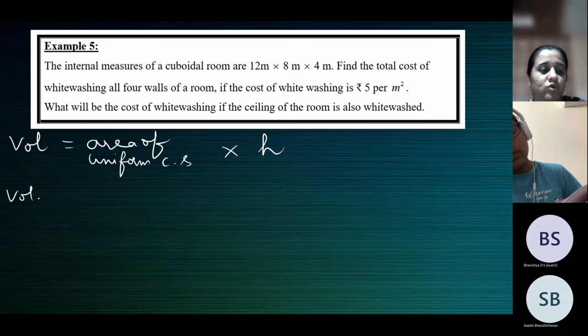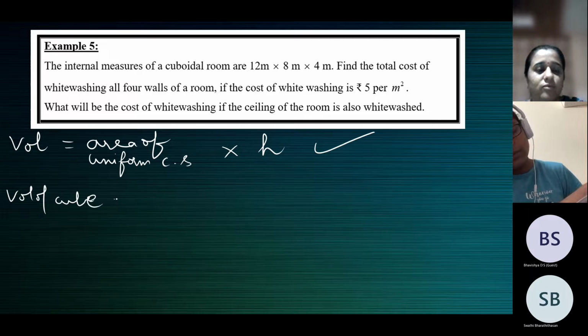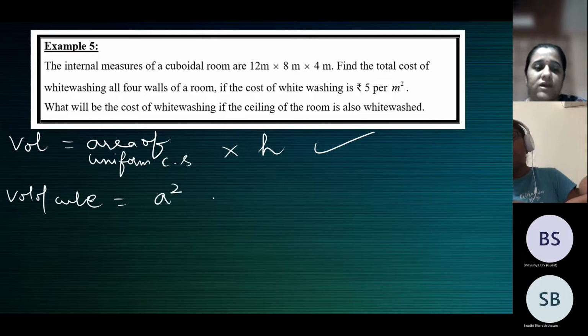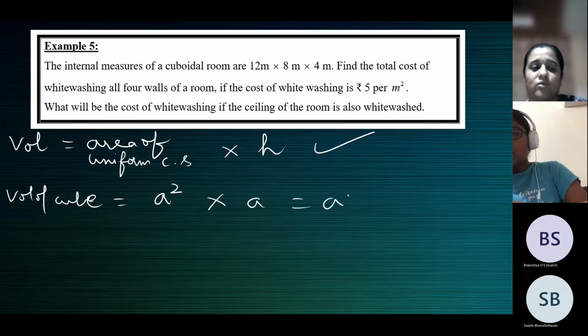Now, using this, how do you find the volume of a cube? The cross section is a square, and the area of a square is a square, into height a. So a cube cubic units, the formula for the volume of a cube.